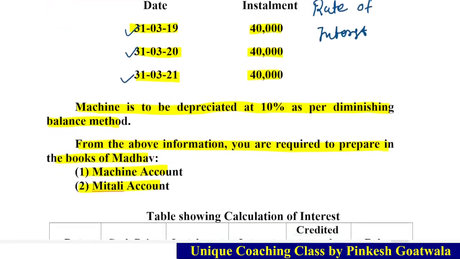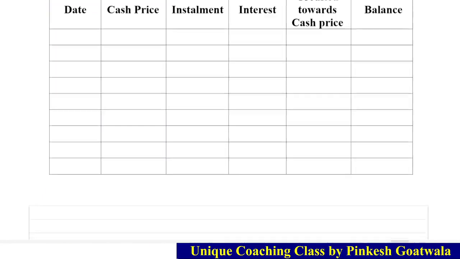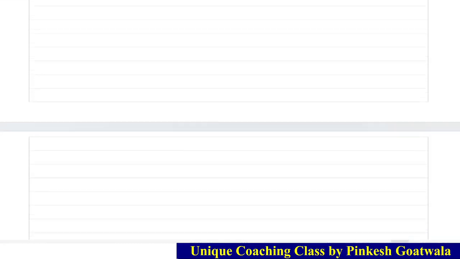So remember, in our syllabus there are total 3 types of sum. Normally there are 3 types of sum. First, cash price is not given.